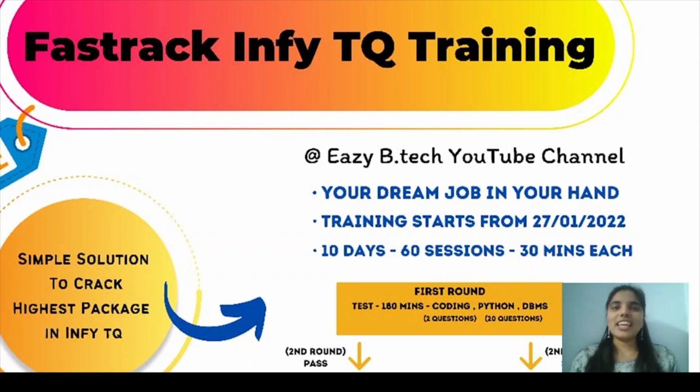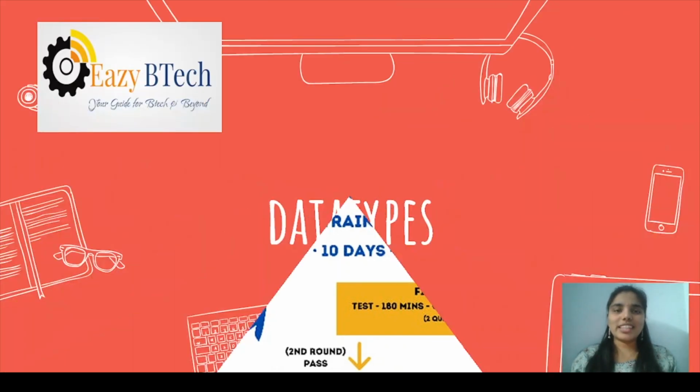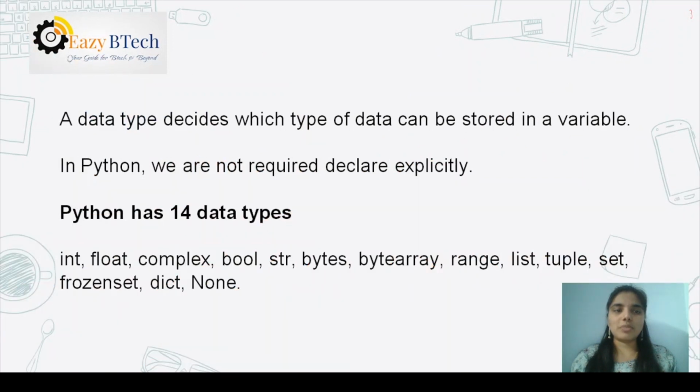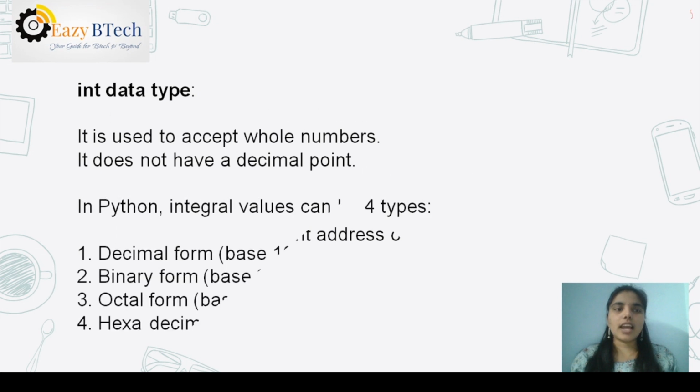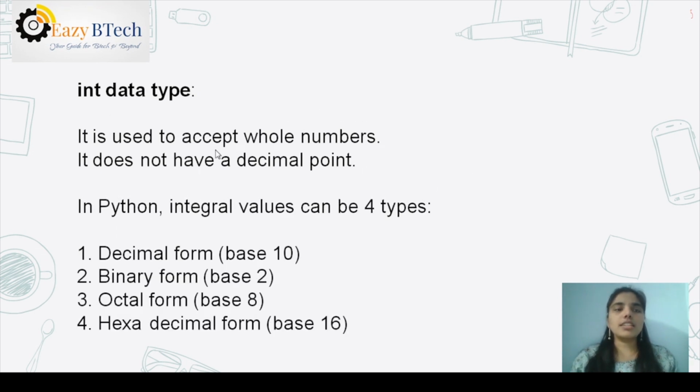This is Srujana. In the last session, I had discussed data types: what is a data type, types of data types, and predefined functions in data types. Next, I started with the integer data type. In the integer data type, there are 4 forms: decimal form, binary form, octal form, and hexadecimal form.